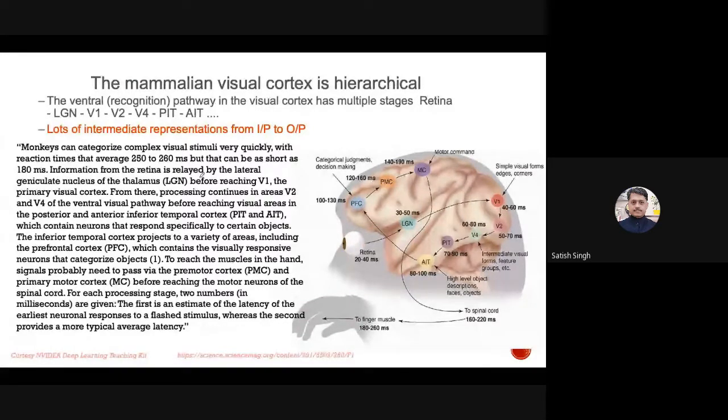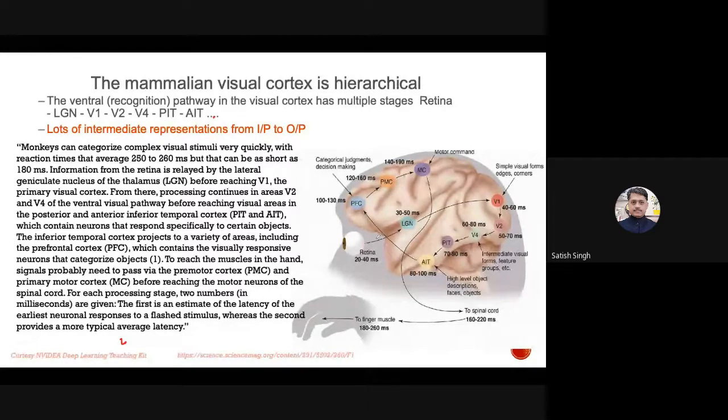This is the typical ventral recognition pathway in the visual cortex. It has multiple stages like retina, LGN, V1, V2, V4, PIT, IT, because this has been taken from this source itself. Here one example of a mammal has been taken, from perception to action: how data is perceived by the mammal and what kind of action is initiated by it.